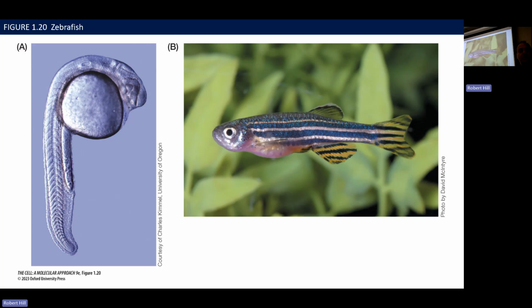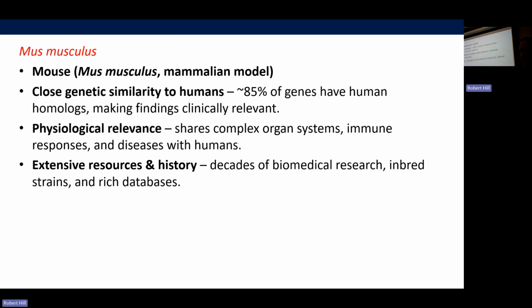And the mouse, now we're getting into mammals, and there's a lot of homology to humans. Almost 85% of the genes found in a mouse are homologous with humans. They have physiology, they have organ systems and tissues. You can start to study disease models in mice. This is an excellent model for studying diseases like cancer and Alzheimer's and Parkinson's.